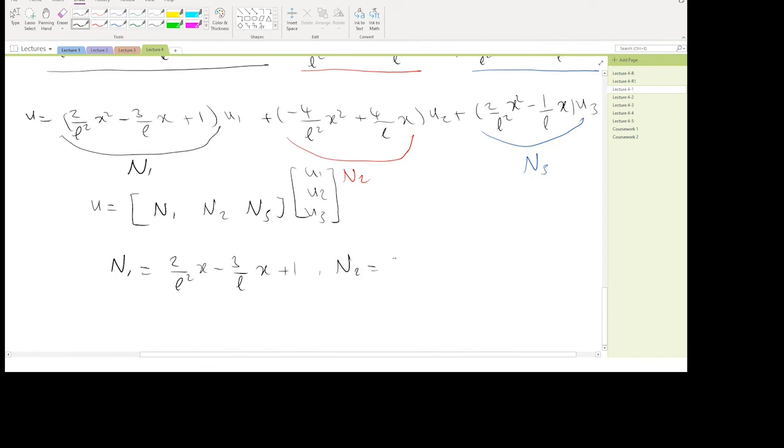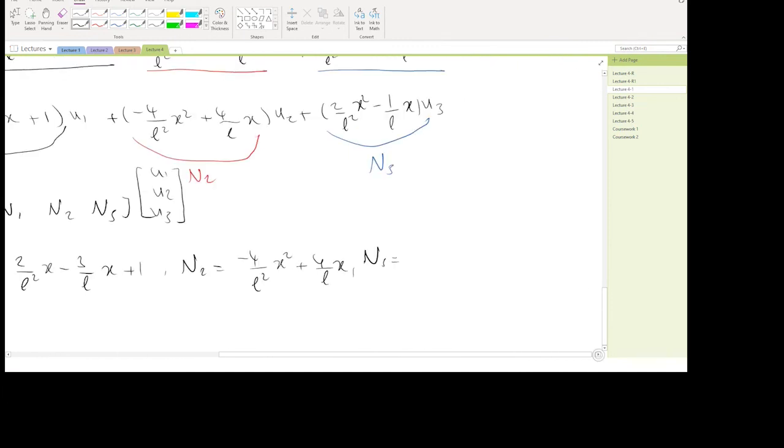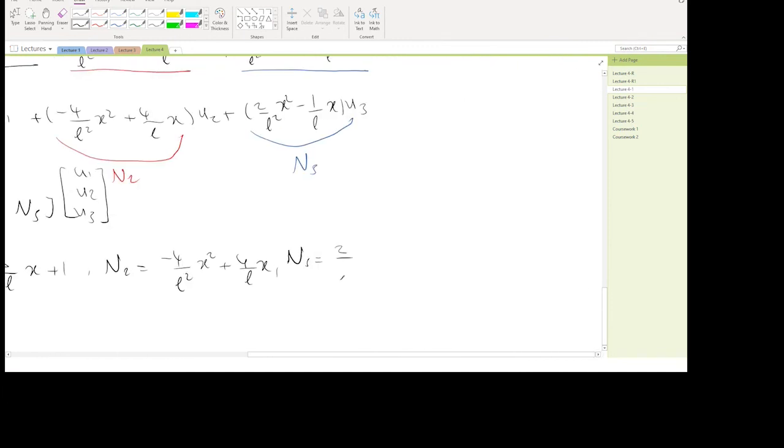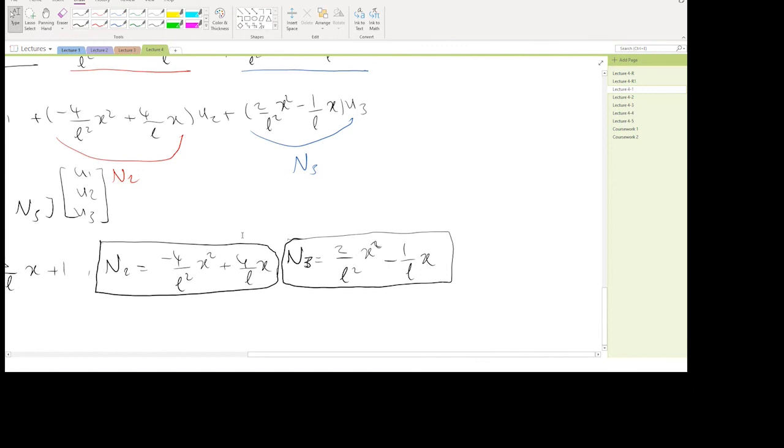N2 is equal to minus 4 over L squared X squared plus 4 over L X. And then N3 is basically 2 over L squared X squared minus 1 over L X. So these are the expressions I have for my N1, N2, and N3.